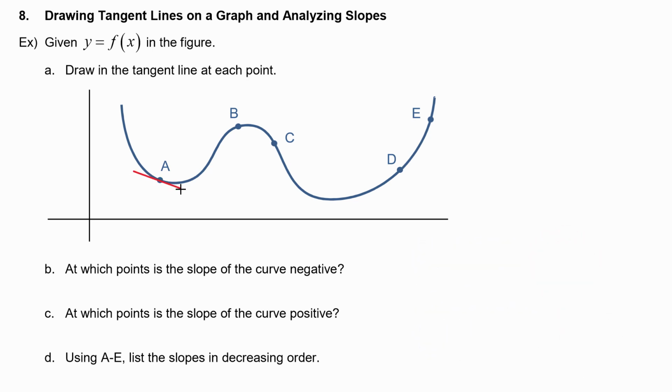At point A, the tangent line would look approximately like this. At B, like this. At C, about like that. At D, and at E.